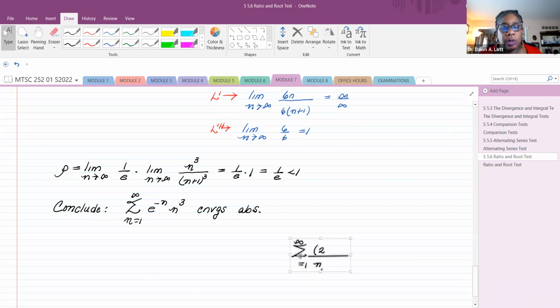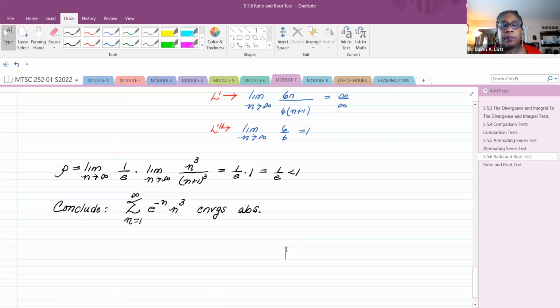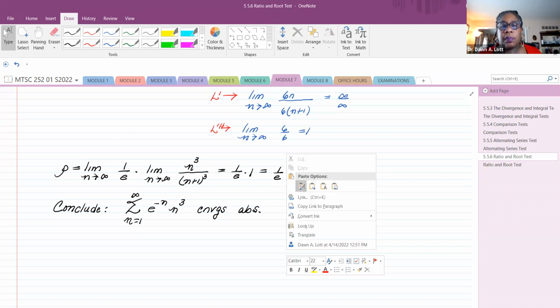Oh, it didn't capture the whole thing. Let's go back and try it again. 2n factorial over n factorial n factorial. All right, I'll get it this time. Okay, there we go. Number 4.